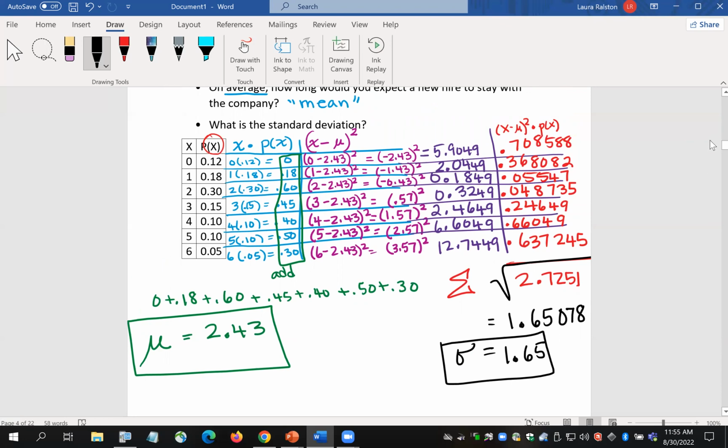Yes. Is there like a special way that you're supposed to enter the last column of numbers, the x minus m squared times p of x? Because when I tried to add all those in my calculator, it gave me an error. Like adding all the decimals. There shouldn't be a special way to enter it. Were you entering the actual 0.708588? Yes. Or were you trying to do the multiplication all at one time? I just tried to add that whole last column together. I'm not sure, Abigail.